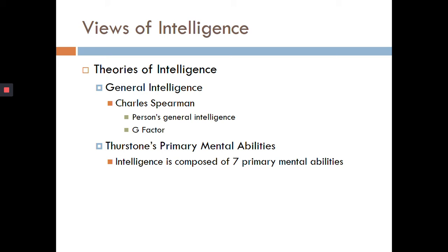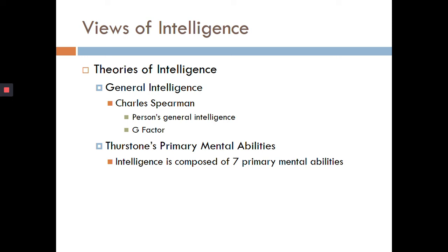And what he's looking at is your basic intelligence, your general intelligence, or what he calls a G factor, where the G stands for general. So it's at the heart of all of our intelligent behavior. And so you have one general broad intelligence. So that's his view on it.